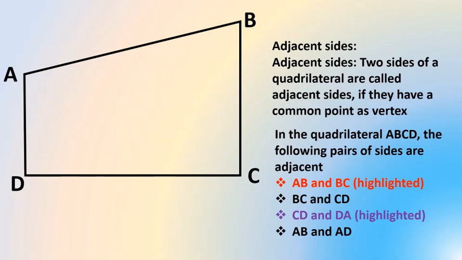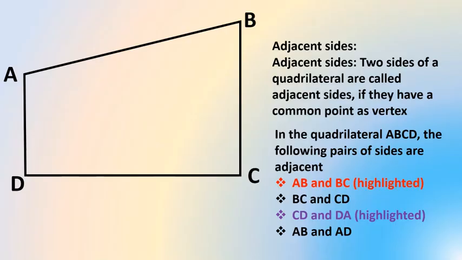There are four sides, as we already learnt. Quadra refers to four. Quadrilateral means four-sided. So there are two pairs of adjacent sides, and it is not just two pairs, there are two more, because at each vertex two sides meet.